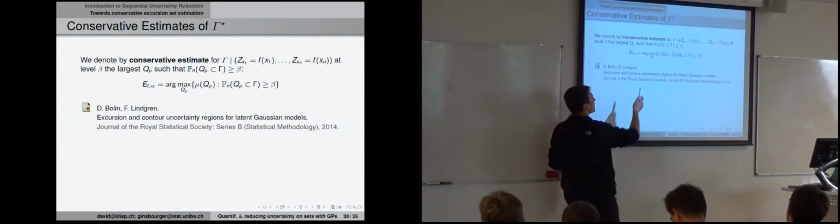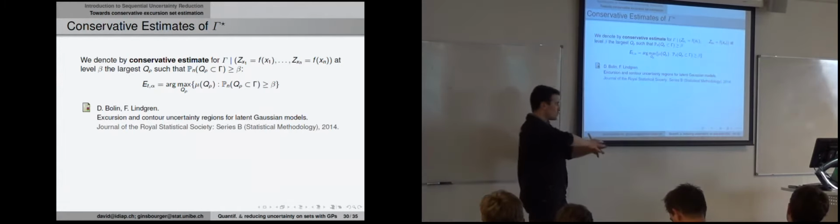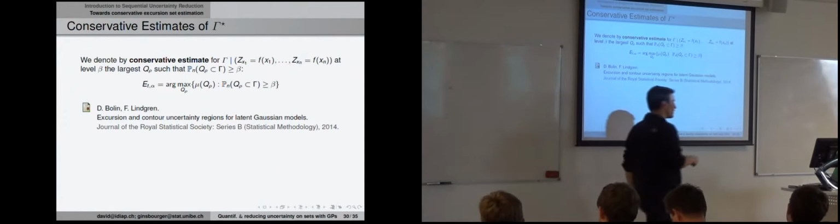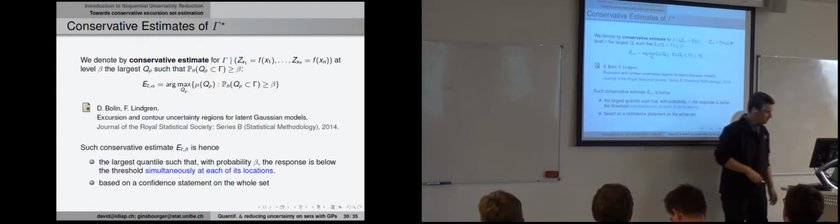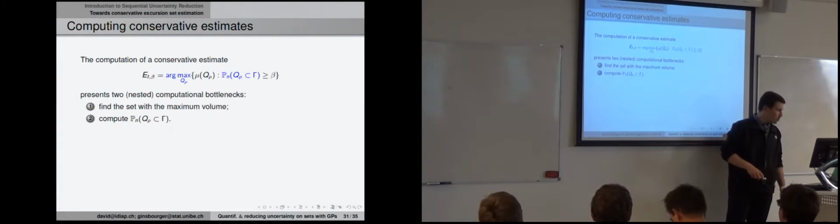So you want to find an optimal set in the sense that it has the maximal volume. You want to find the largest set such that the probability of being safe is controlled and larger or equal to beta. Okay, so now I'm going to have to rush a bit.